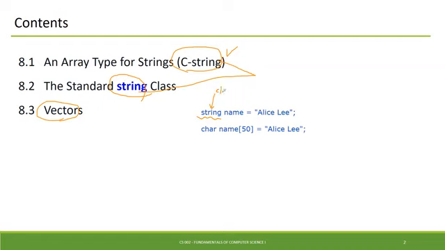Class is not a topic for CS2, so I will not go into it, but it is nice to know that string is a class. I will show you how to use a string in this section. And in CS3A, you will learn how to make your own class and learn more about classes.